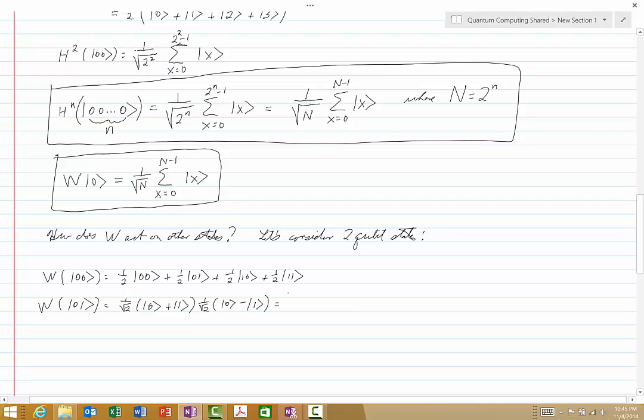And therefore, when we multiply this out, we get 1/2 from the 1 over square root of 2 times 1 over square root of 2. And we'll get 0, 0 minus 0, 1 plus 1, 0 minus 1, 1.